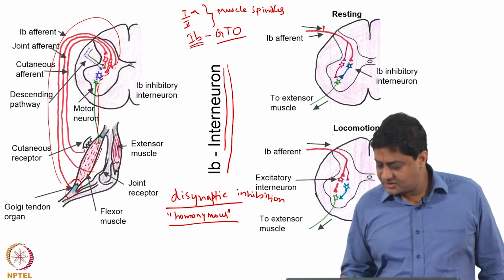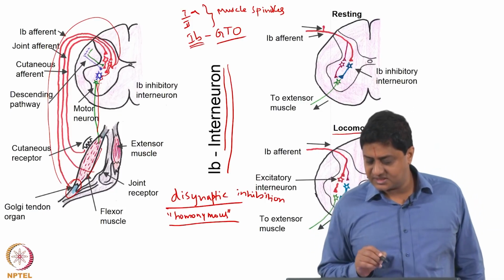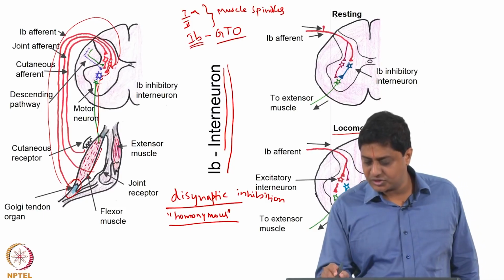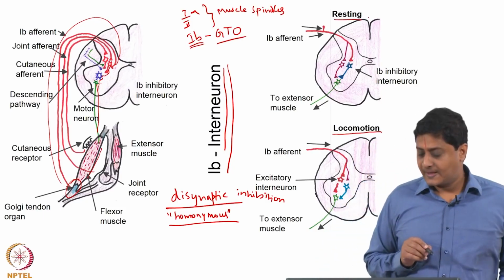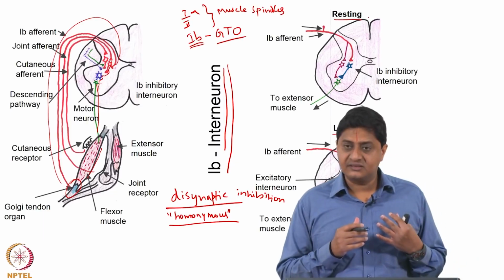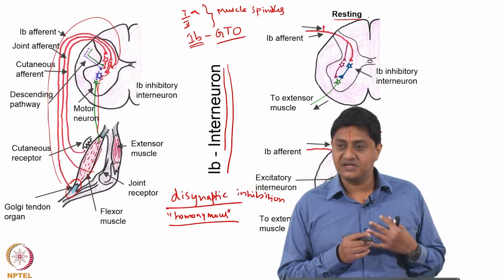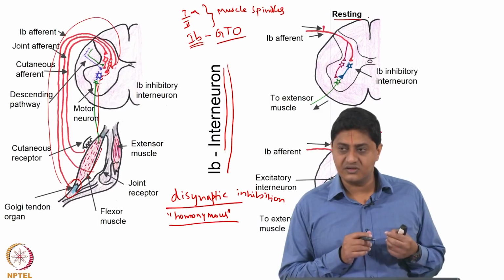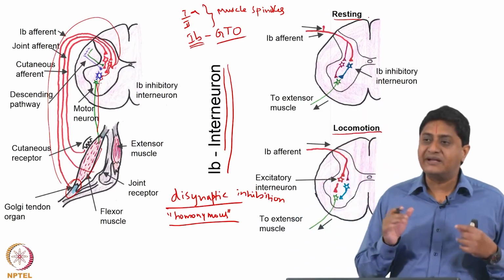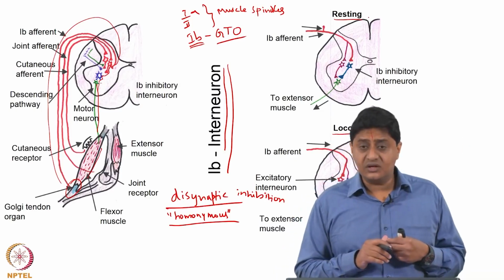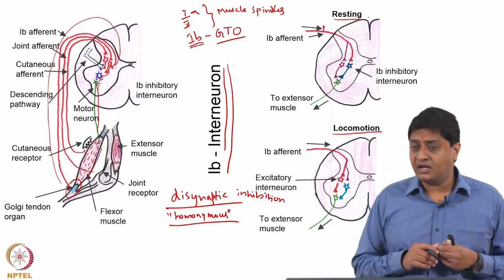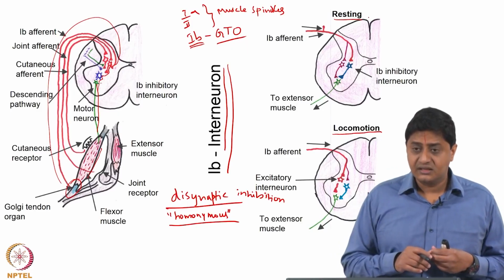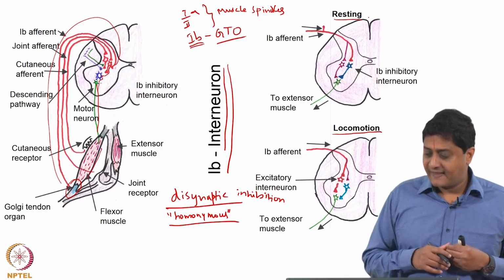Now what also happens is the special case of locomotion versus resting. I said that the 1B system receives inputs not just from the 1B afferent but also from multiple sources. It turns out that depending on the state the response can vary.